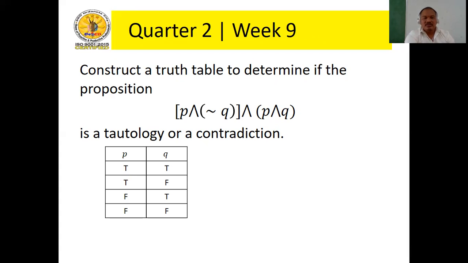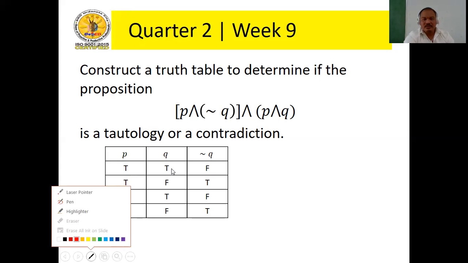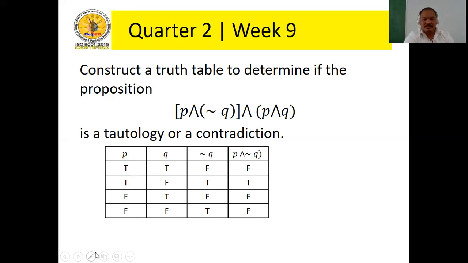Then to establish the third column, not Q, we have the negation of Q. Not true is false, not false is true, not true is false, then not false is true.